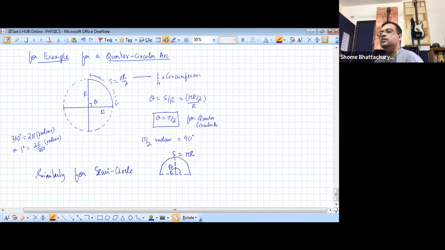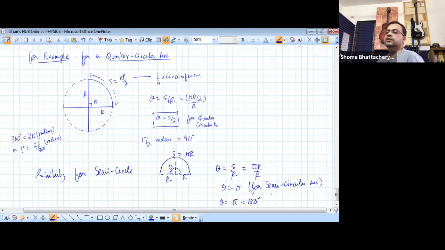It is pi r. You can see that theta is how much? s by r, so it is pi r by r. So theta is equal to pi for a semicircular arc, or pi is equivalent to 180 degrees.